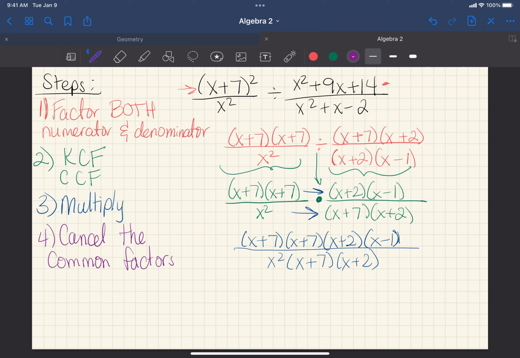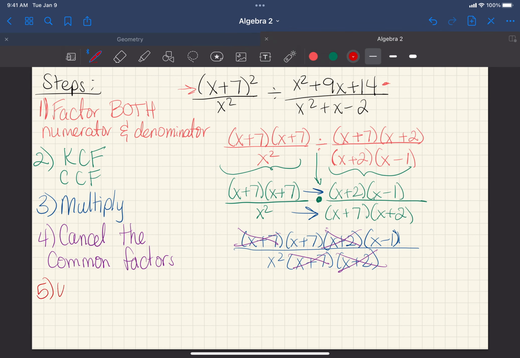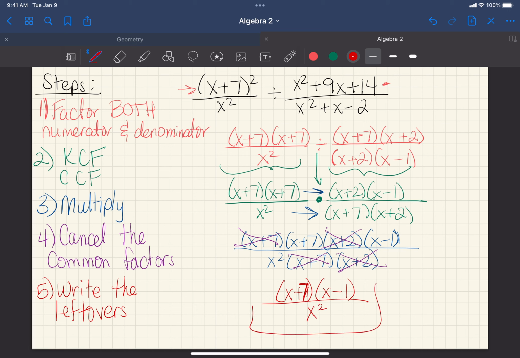My last step was to write the leftovers. So in this situation, I have in common an x plus 7 and an x plus 2, right? Now I'm going to write the leftovers, which is just going to be x plus 7, x minus 1 over x squared. And that is my final answer.